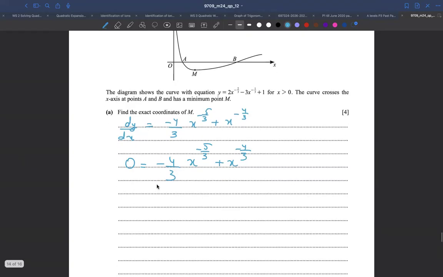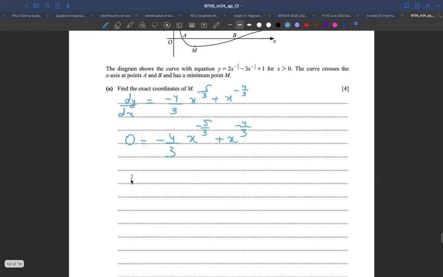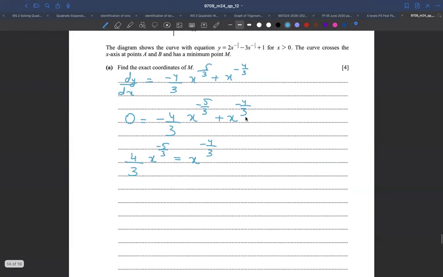Now to find the value of x, you bring this on the left hand side. So let's bring this x over here.